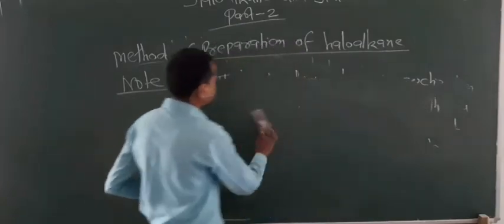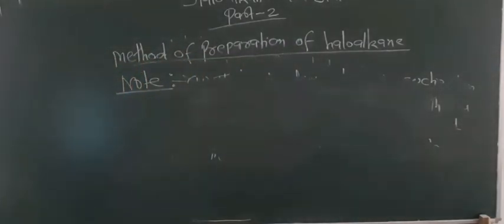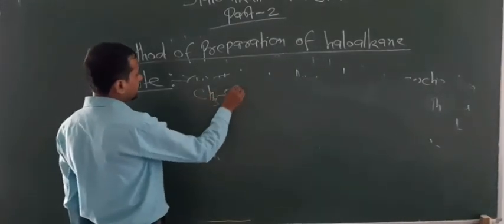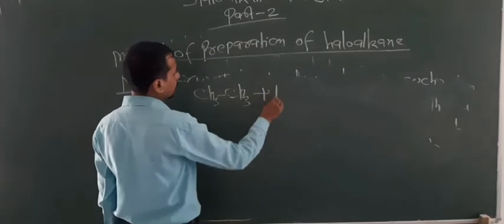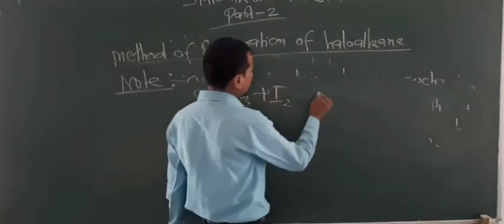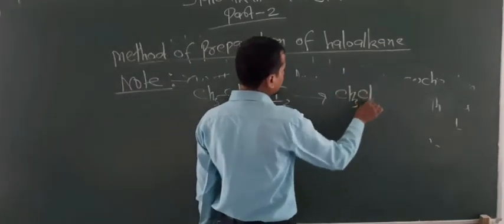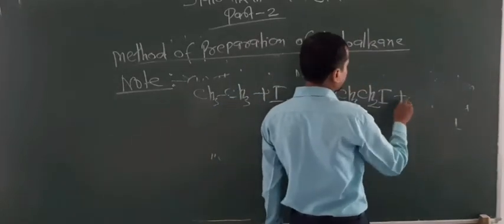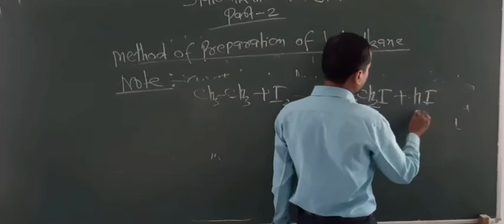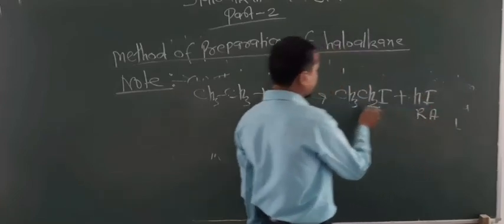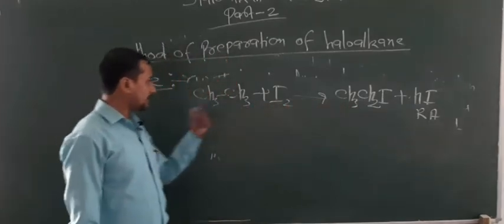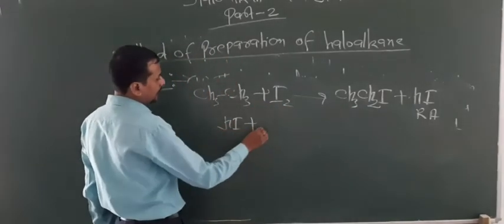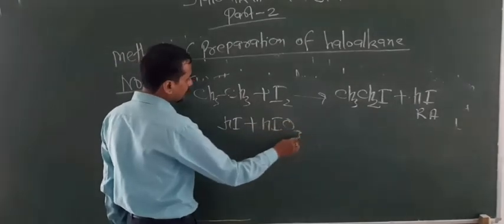Now look at the condition. What happens basically in this reaction? CH3CH3 plus I2 gives CH3CH2I plus HI. So HI is the reducing agent. It will convert the product into reactant. Now if we add an oxidizing agent like this, what happens?